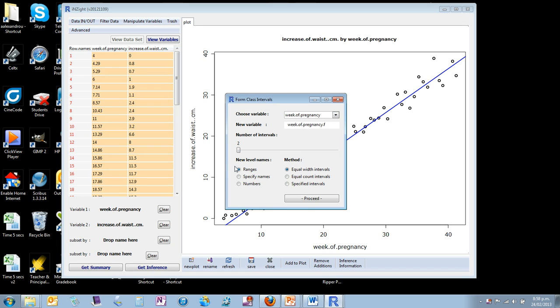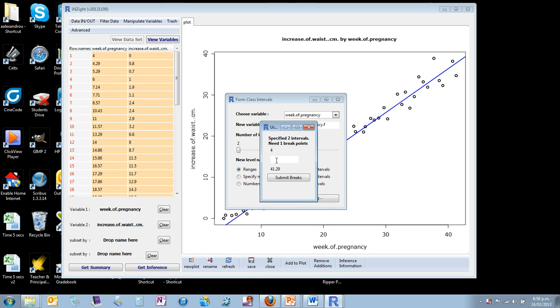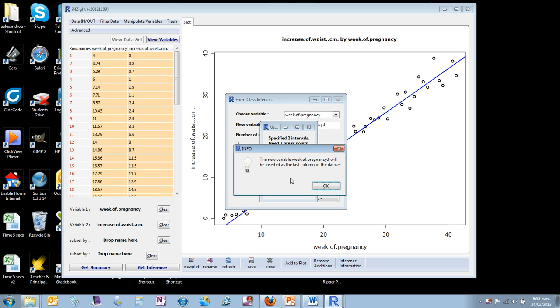The range will be at a specified interval, and the breakpoint here is 12. So the first interval will be 4 to 12, and the next interval will be 12 to 41.29 weeks, which is the top end of our data. If we just submit that, it tells us that our new variable will be the last column of our data set here.